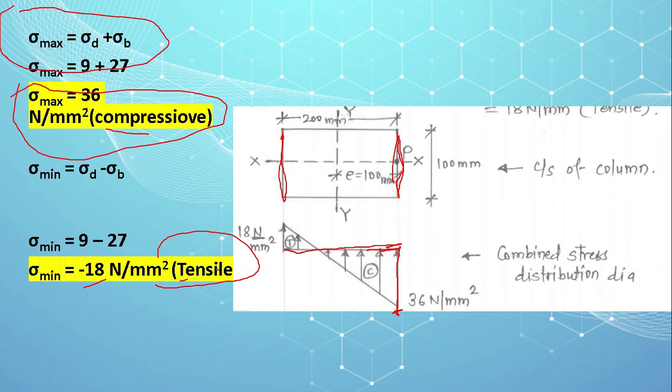Tensile forces are marked above this reference line. Take proper scale and mark here 18, and after which join this line, and this arrow indicates this is compressing this reference line. These are compressing this reference line means compressive forces, and these arrows pulling this reference line means these are tensile stresses.